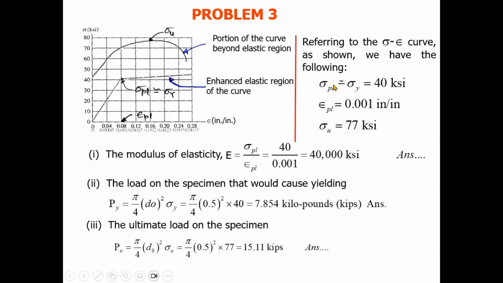Proportional strain and proportional stress are given, while yield stress is not given directly; we determined it from the graph. Then we have our ultimate stress, 77 KSI, which we also determined from the graph. Then we put all the values in the different formulas, and we get 1, 2, 3, which are our required results.